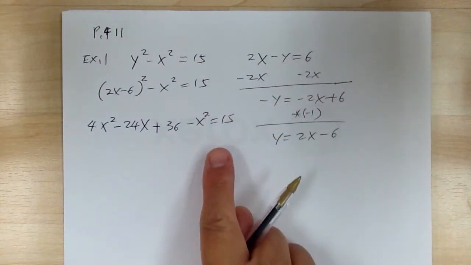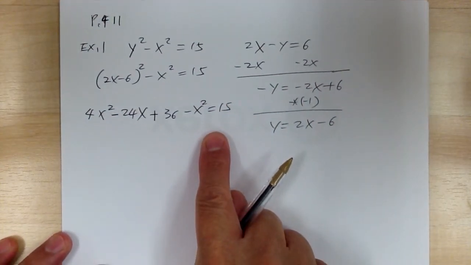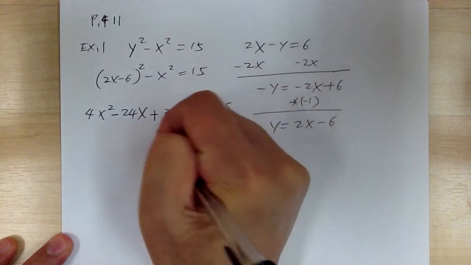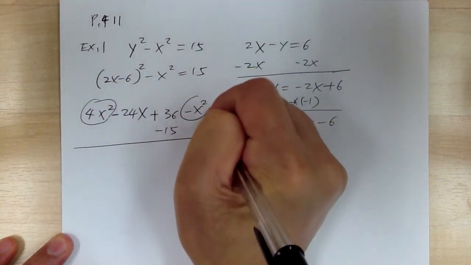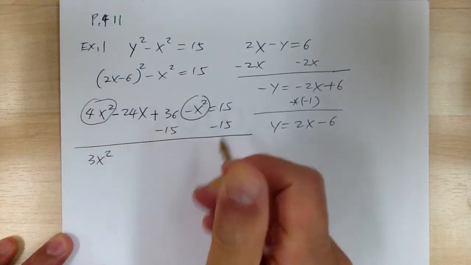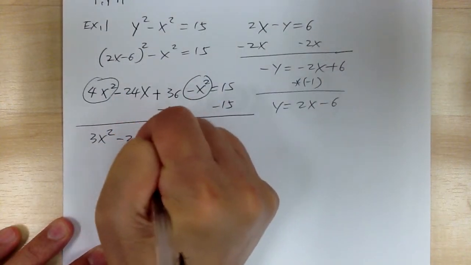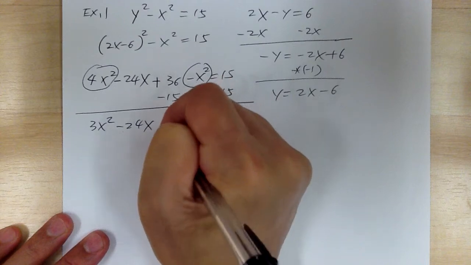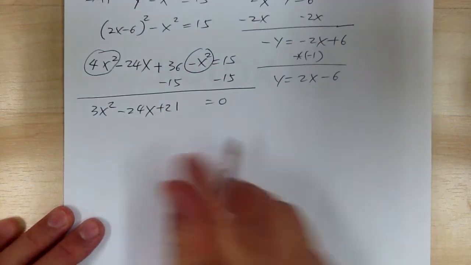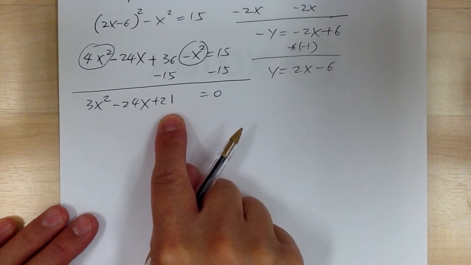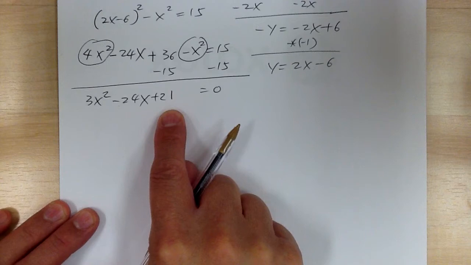Then you want to make it equal to 0 so you can do the factoring. So minus 15 on both sides. Now you combine the like terms. This gives me 3x squared minus 24x, and this one would be plus 21 equal to 0. All these are multiples of 3, so I'm going to divide everything by 3 to lower my numbers, so my master product will not be that big.